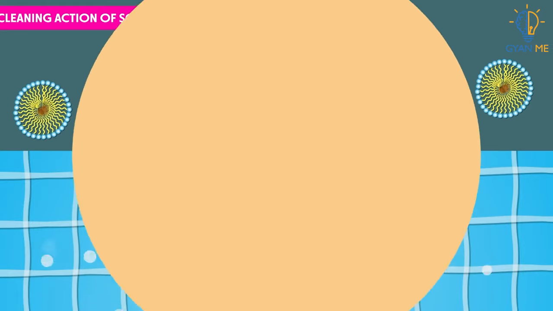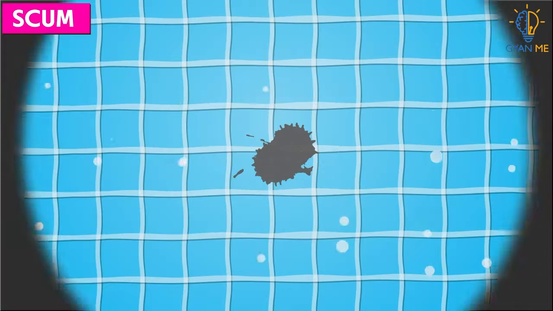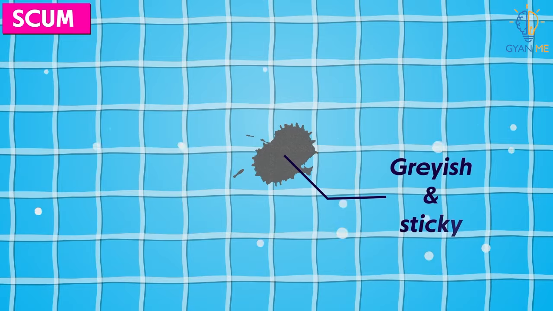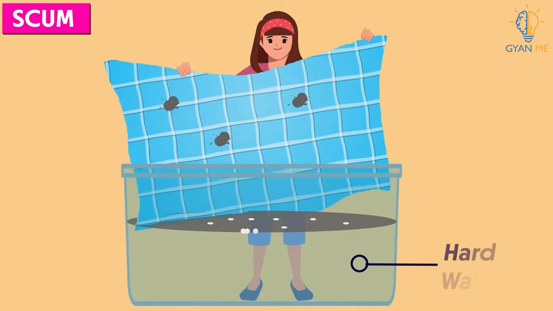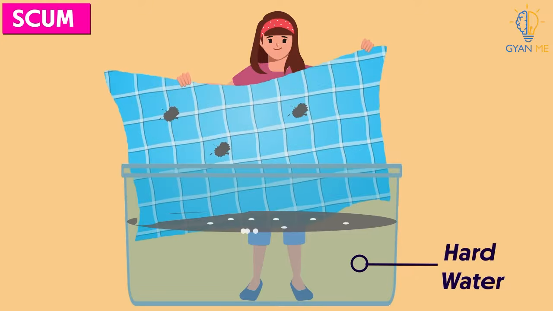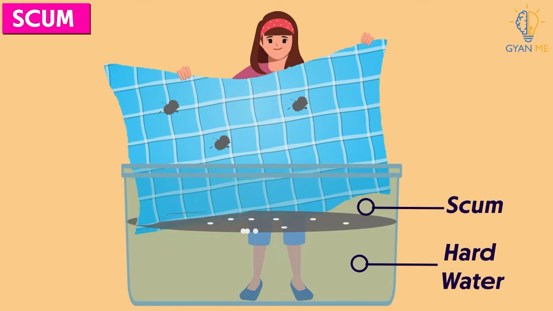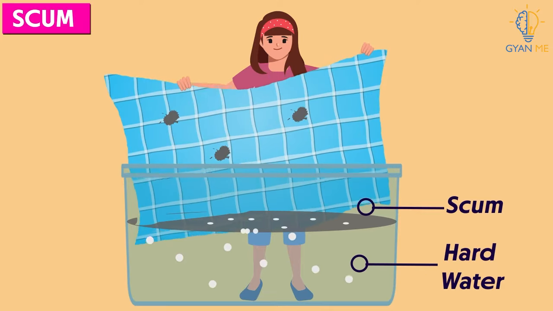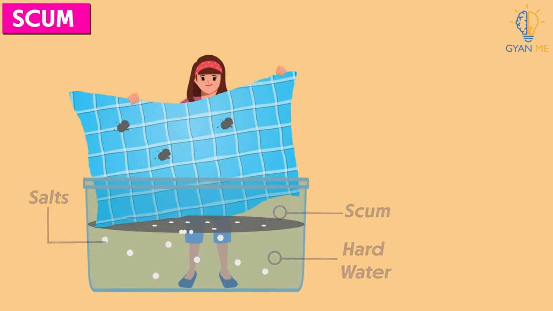But students, have you ever observed that while washing, sometimes an insoluble substance that is grayish and sticky remains on the cloth? This happens when we use hard water for washing. And this insoluble material is called scum. As I told you in our previous video, scum is formed due to salts present in hard water.